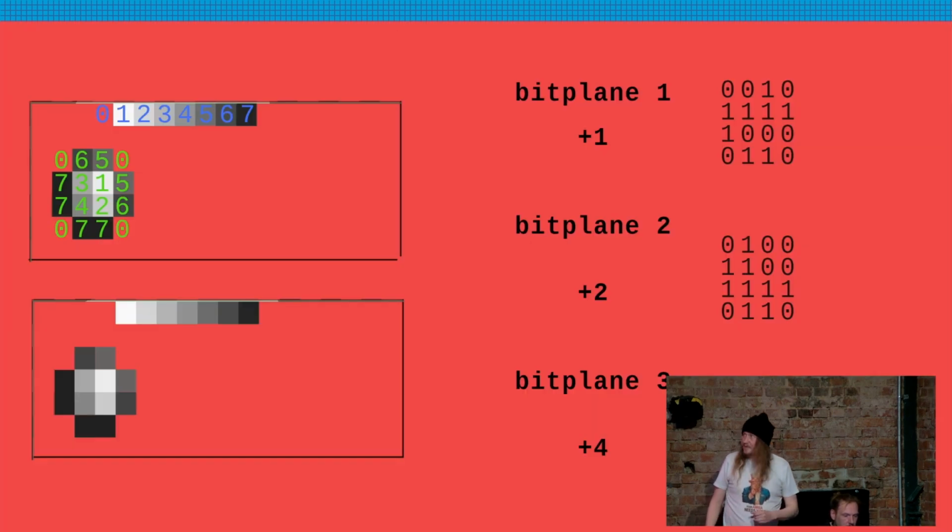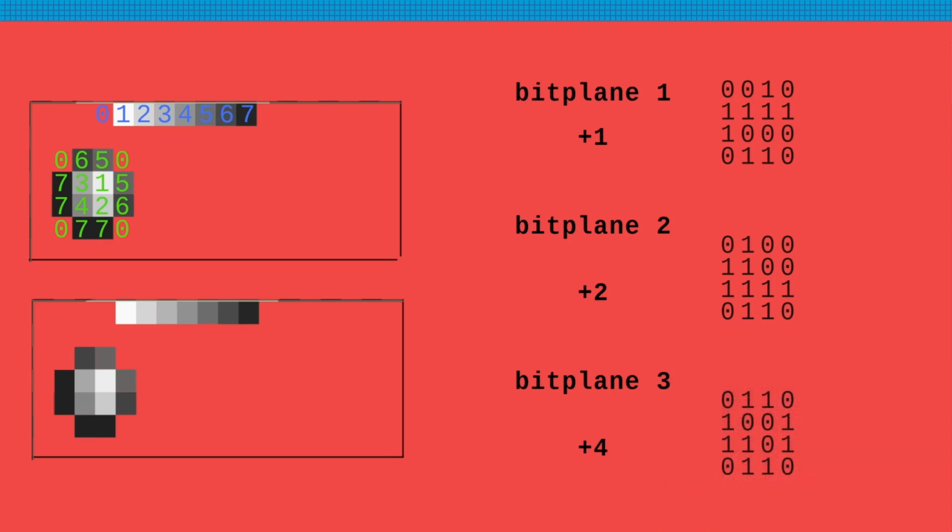Here's another explanation of how the Bitplanes work. There's the palette with numbers and some kind of shades of gray, and the number you can add up things because the first bitplane is +1, second bitplane is +2, and the third is +4.